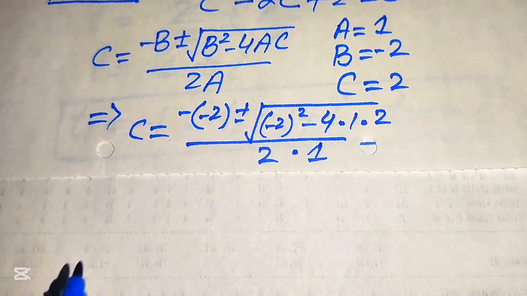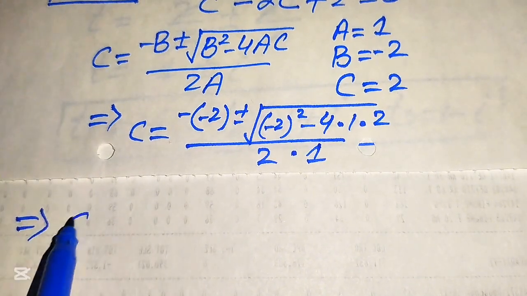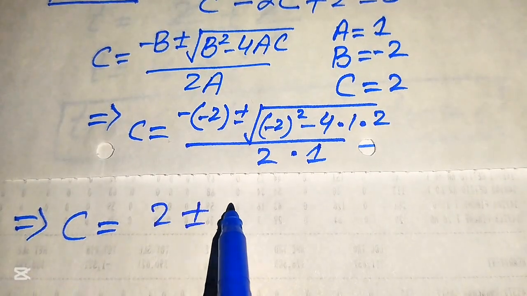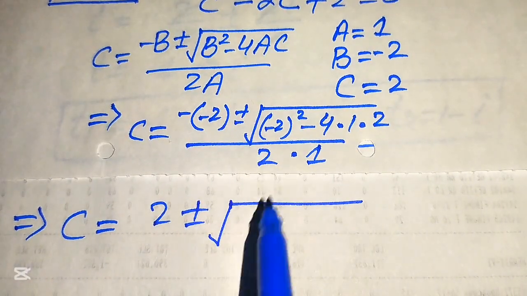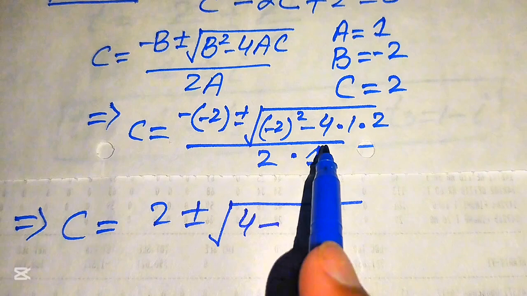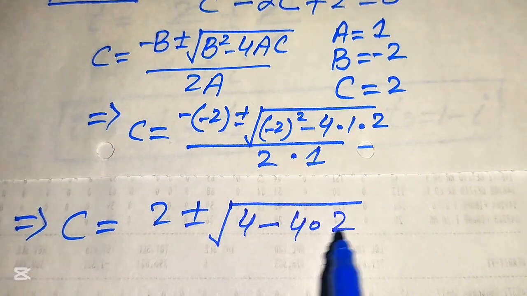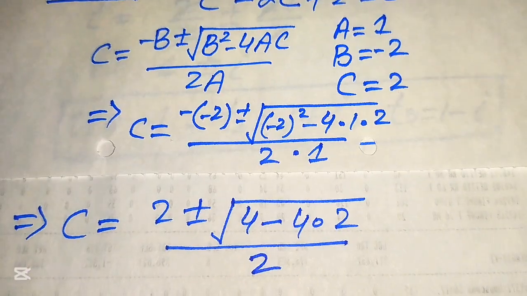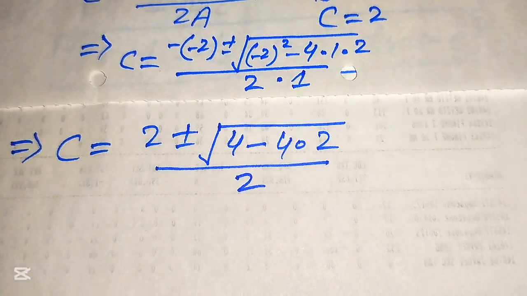And now in the next step we need more simplifications, and it will be written as c equals, minus times minus becomes plus 2, plus minus square root of -2 square equals 4, minus 4 times 2, divided by 2 times 1, and 2 times 1 equals 2.